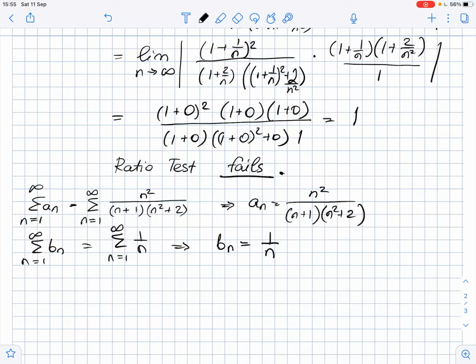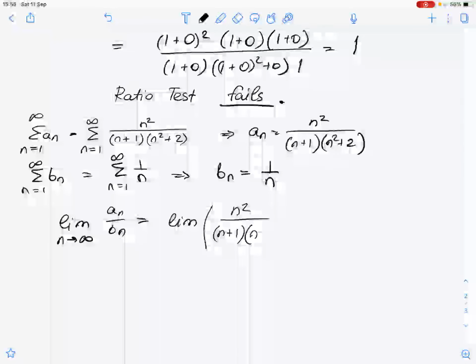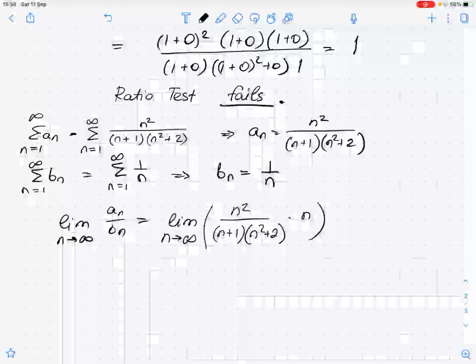And now, using the comparison test, the limit of a_n over b_n, where n goes to infinity, equals the limit of n squared over (n plus 1) times (n squared plus 2), times this whole thing multiplied by n, as n goes to infinity.